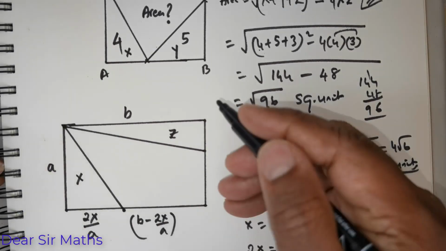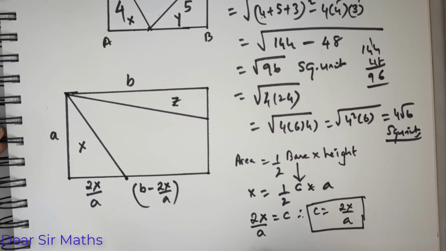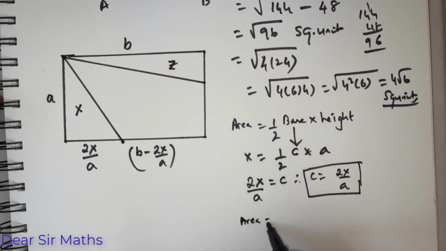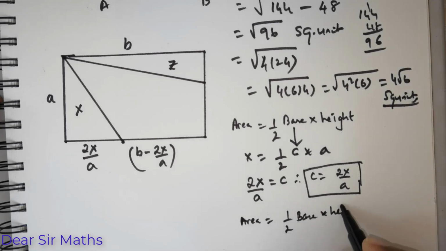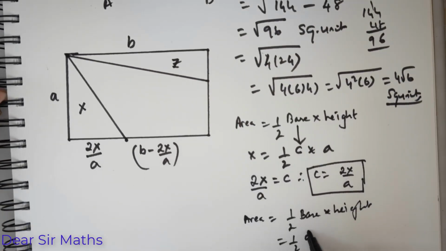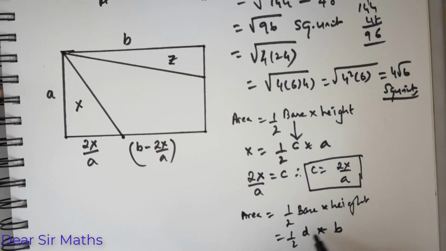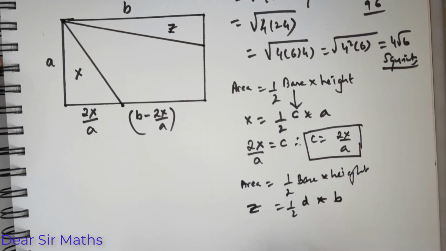Now if I were to take this segment as some d, let me write the area formula. Now area is equal to half times base into height, and half times my base. This is my base. I'm going to take the base as d units and my height is b and over here it's z.